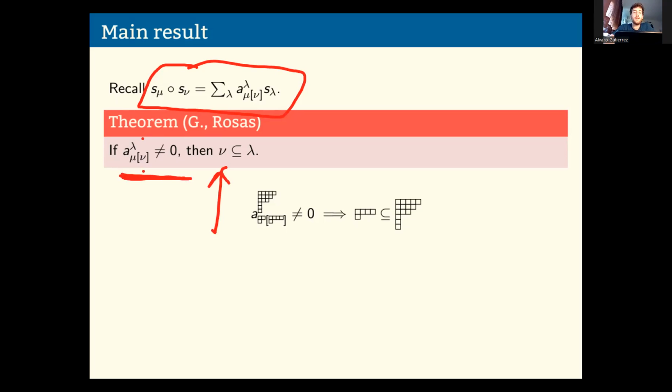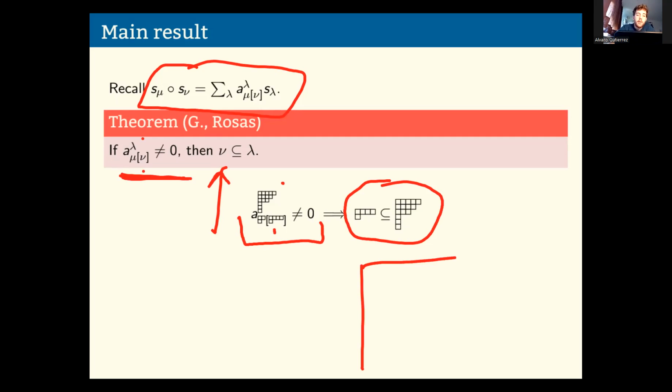And to illustrate this, I have here a coefficient that is non-zero, and you can check this with Sage, for instance. And you can see that this one fits here just by, maybe I do it bigger. So this is the bigger one, and the smaller one fits just by doing this.